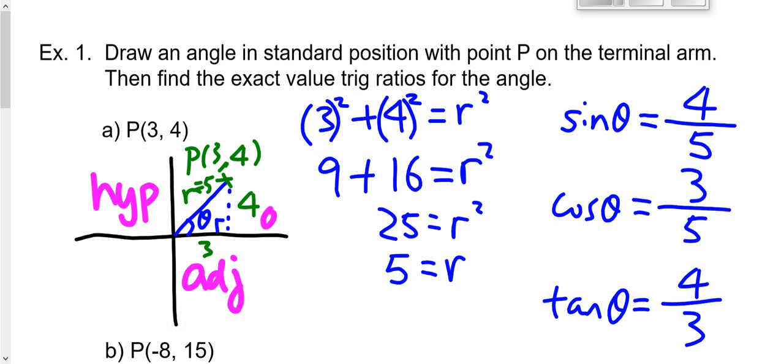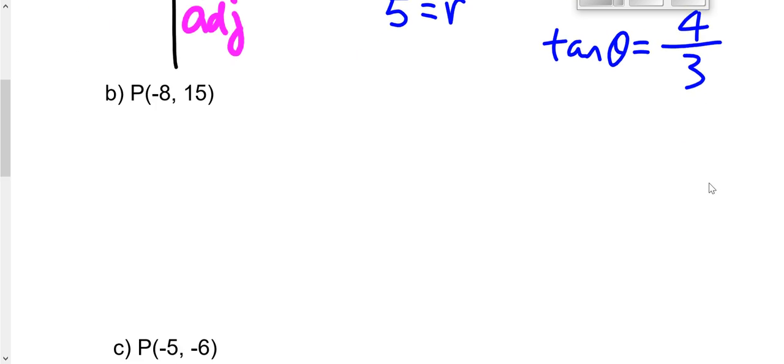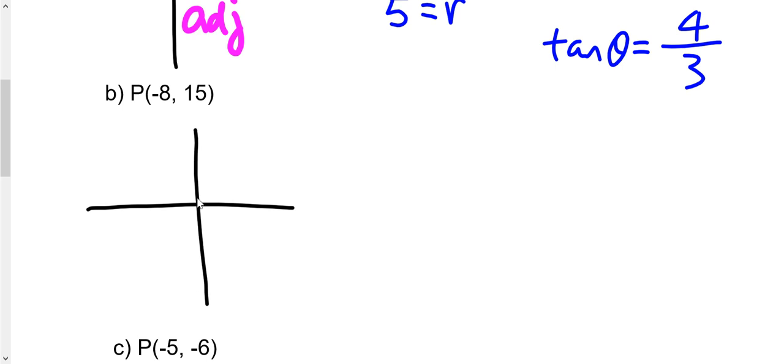Here we go. Okay, so let's keep going. Let's do B here. I'm not going to do all the questions. Anyway, so let's do another one. -8 and 15, same thing. Let's sketch this first. -8 and 15, so up here, quadrant 2.